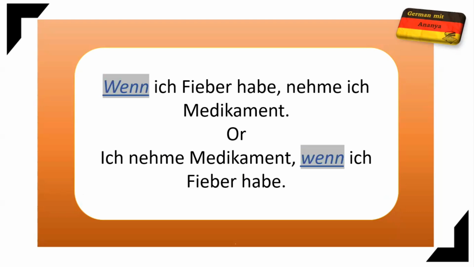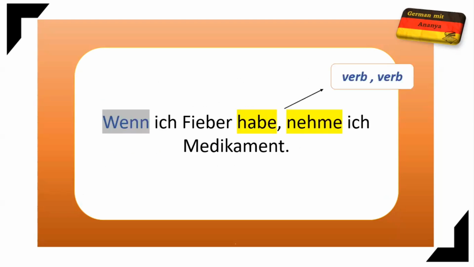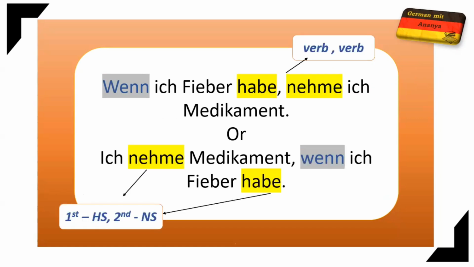You can also write, ich nehme Medikament, wenn ich Fieber habe. I take medicine when I have fever. So you can see if wenn is in the first sentence, then the rule will be verb, comma, verb. But if wenn is in the second sentence, then the first will be a normal Hauptsatz and the second sentence will be Nebensatz.